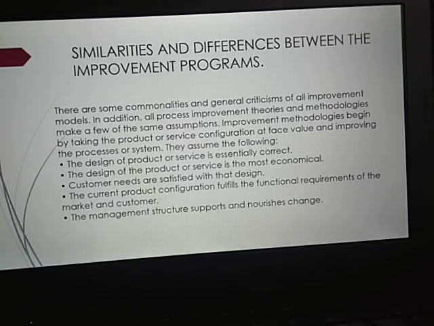They assume the following: the design of the product or service is essentially correct. The design of the product or service is the most economical. Customer needs are satisfied with that design. The current product configuration fulfills the functional requirements of the maker and customers. The management structure supports and nurtures change.